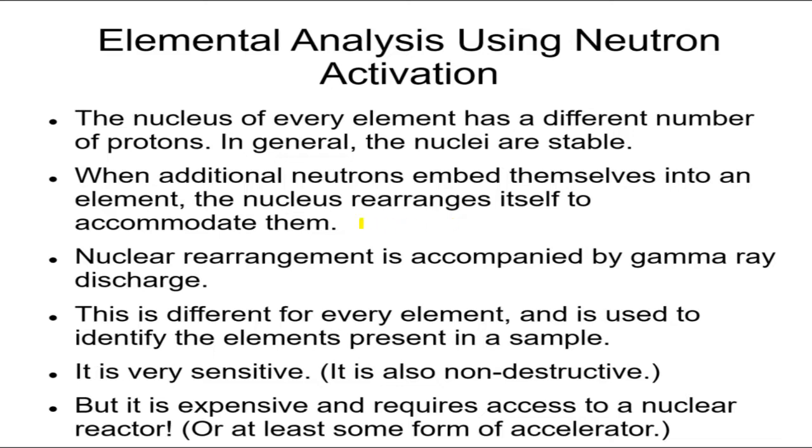When the nucleus rearranges itself, again, there's energies involved. Energy is emitted in the form of gamma rays. Every element has a different kind of rearrangement. Every element has a different kind of gamma ray discharge. You can identify the element based on the frequency, the wavelength of the gamma ray that it produces after hitting it with neutrons.